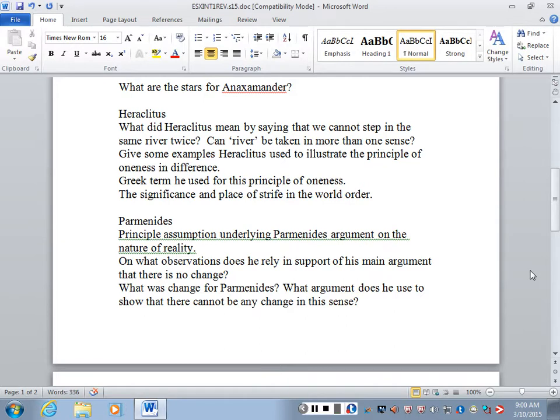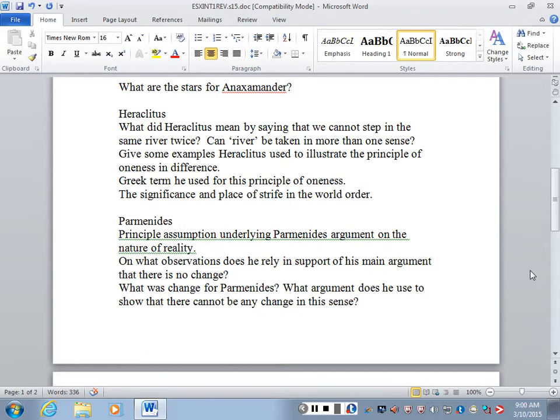Your books also say you can extend that to mean a rational account in words of how things were, that does not bring in the gods. So it's Heraclitus in particular that really uses that term.